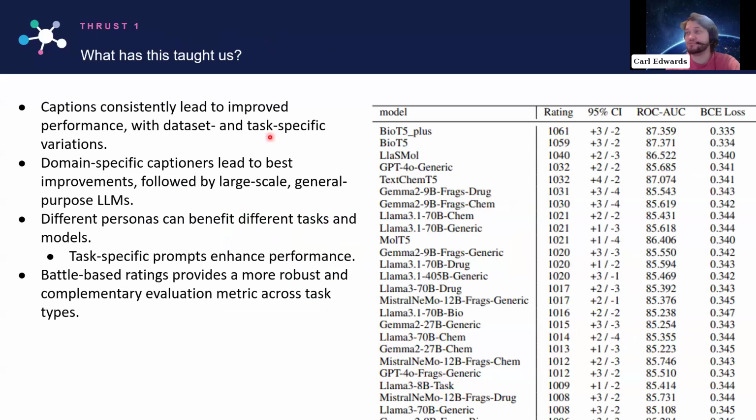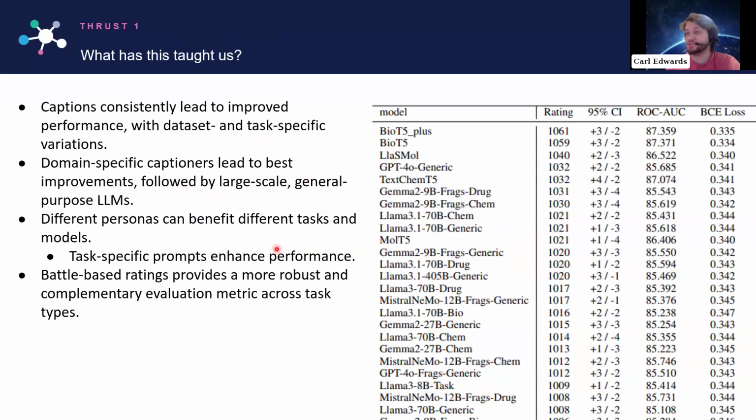So this taught us a few things. Captions generally do lead to improved performance, which confirms earlier work, and there are dataset and task-specific variations. We found that domain-specific captioners were the best, but followed pretty closely by large-scale general-purpose language models. And again, there are variations in what they're good at.